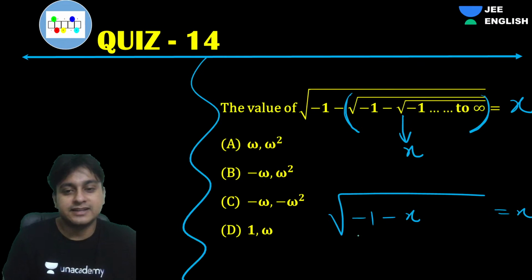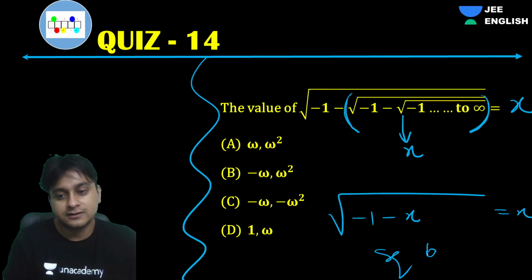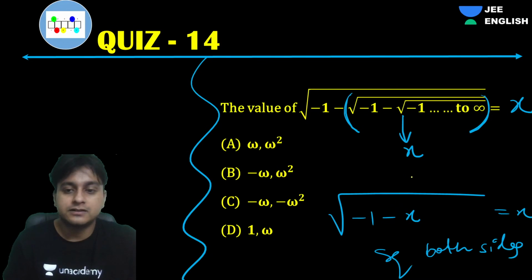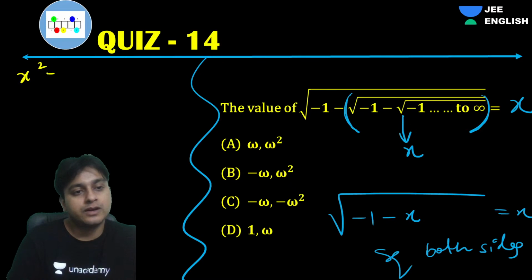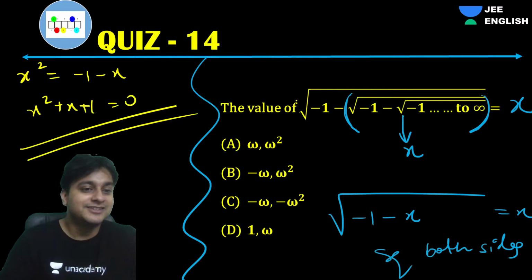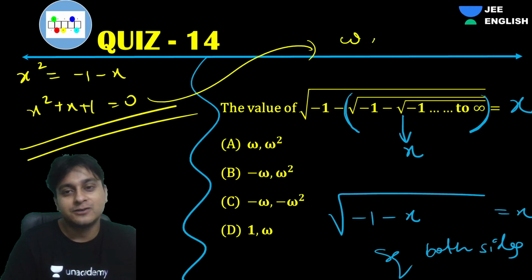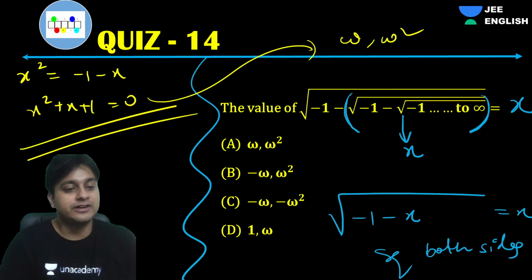Now square both sides. As soon as you square both sides, guys, what are we getting? We're getting x square equals to x square plus. So guys, whose roots are these? Roots of this equation are omega and omega square, which I've already told in detail.